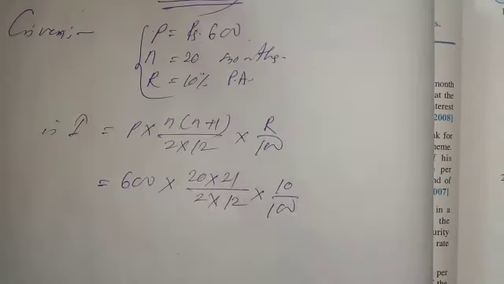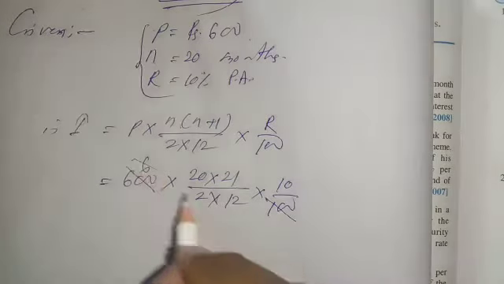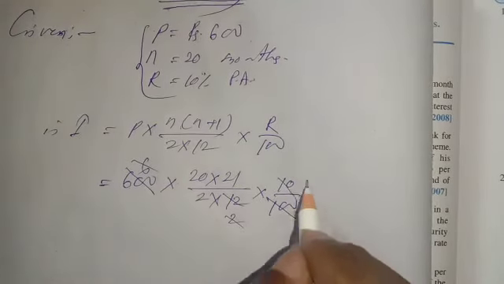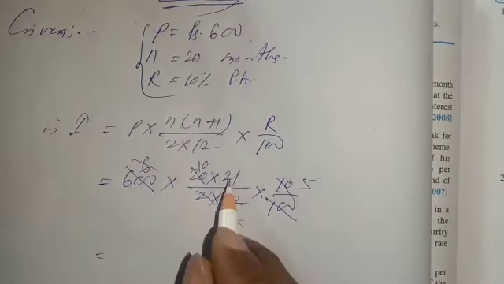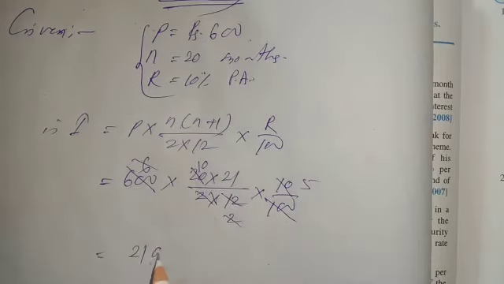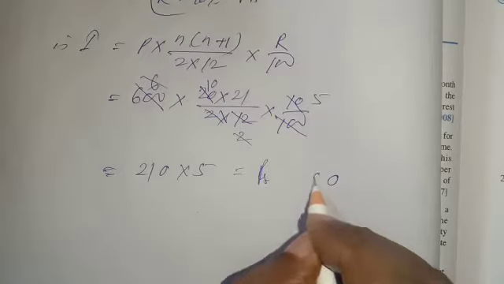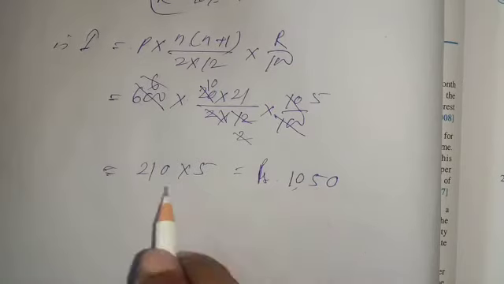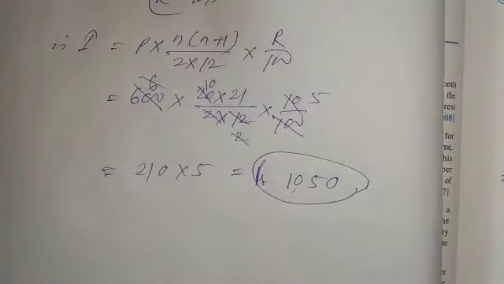Simplifying, we get 210 into 5, that is 1050. This is the interest you are getting after 20 months.